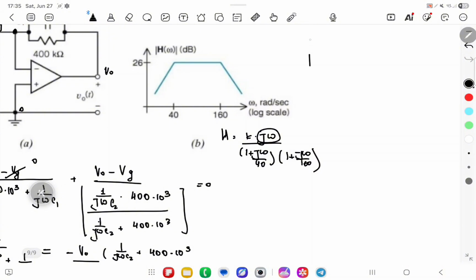Well, as we remember, j omega is an increase, and 1 over j omega, on the contrary, is a decreasing slope. So since from our Bode plot we cannot really say where exactly this increase started from, we cannot say that this goes to 0, thus our 0 is equal to 0.